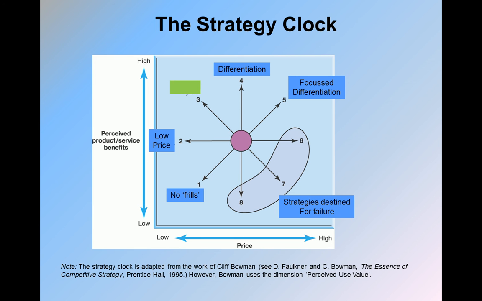But the big difference in Bowman's perspective is the inclusion of a hybrid. That is a mixture of seeking to be the lowest cost provider. So you have the opportunity to charge low prices and compete strongly on price against your competitors, but at the same time offer a high level of differentiation.